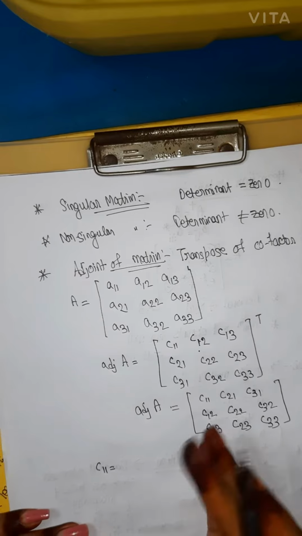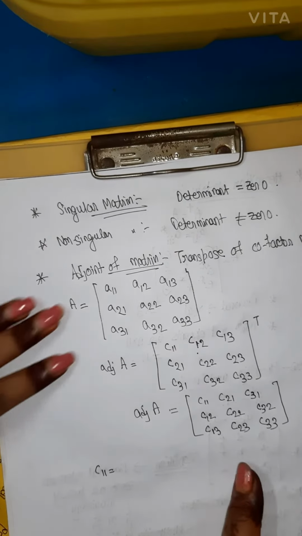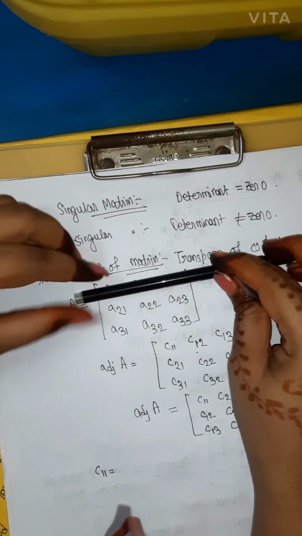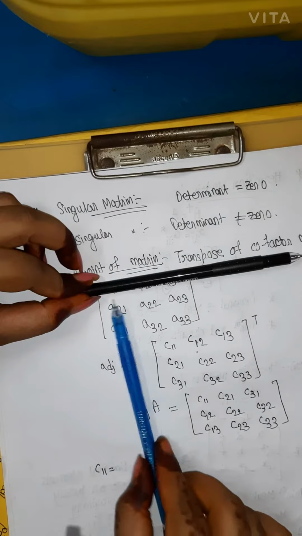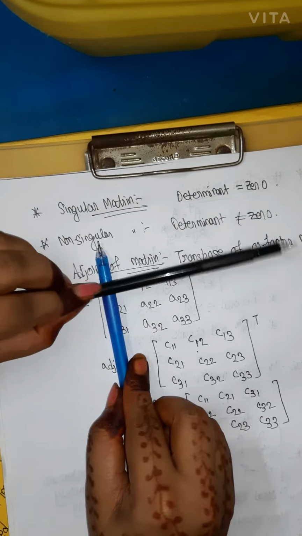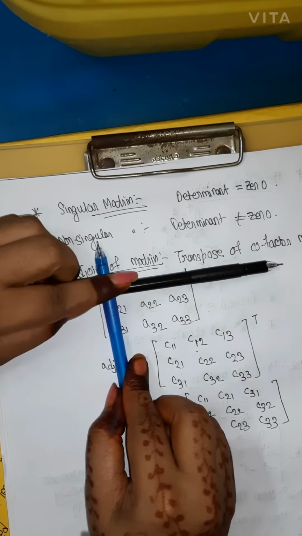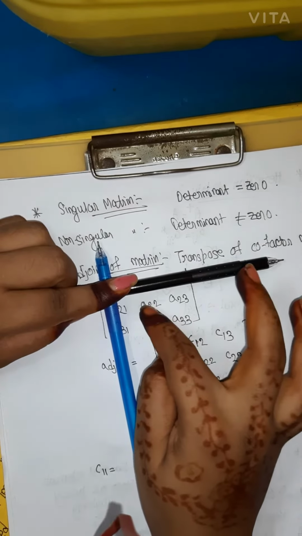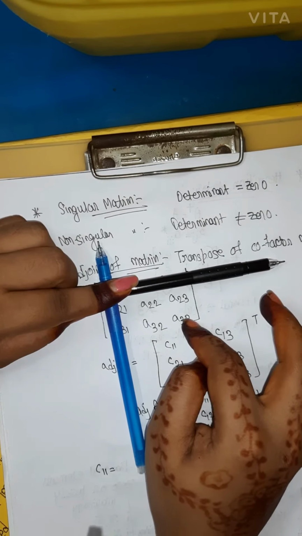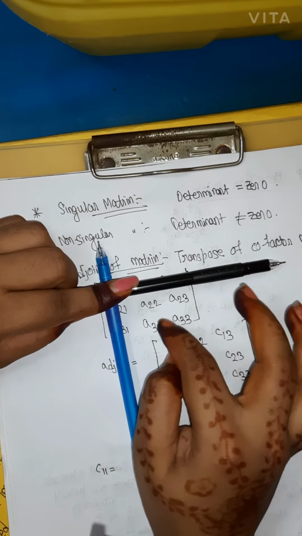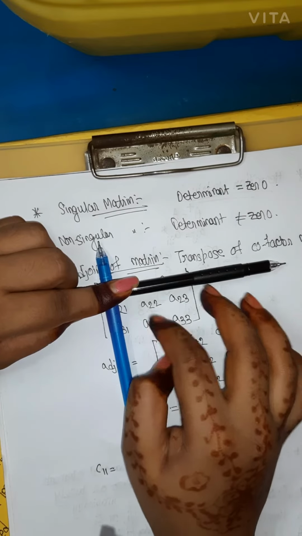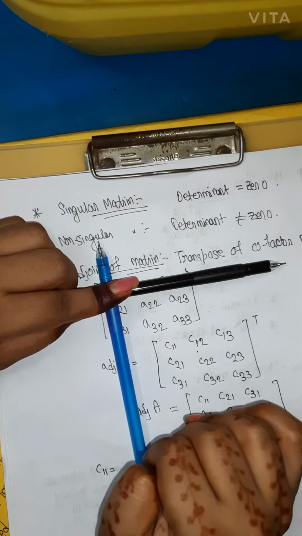I will do 2 to 3 cofactor terms, then you can get. So cofactor C11, for calculating this you must overshadow first row, means the corresponding row and the corresponding column. Now you have to calculate the determinant of this submatrix.